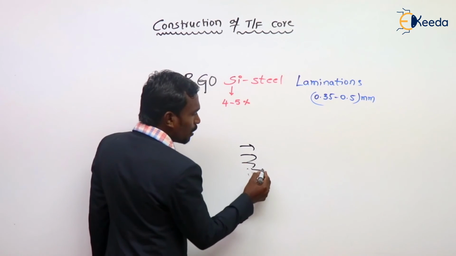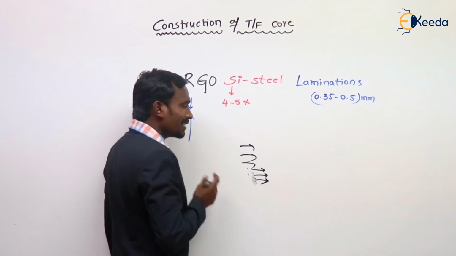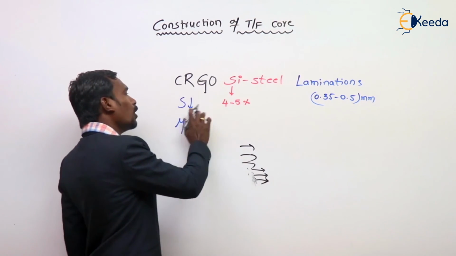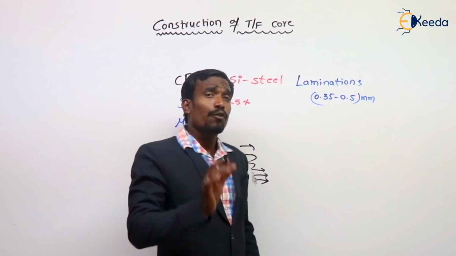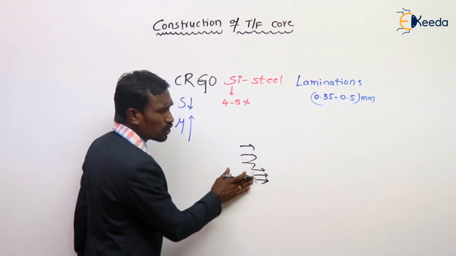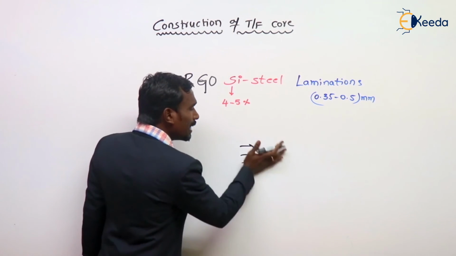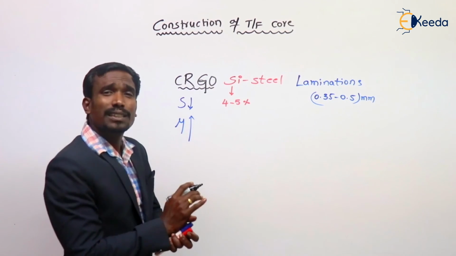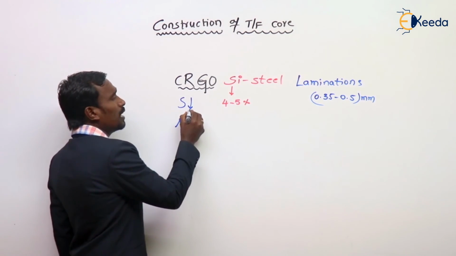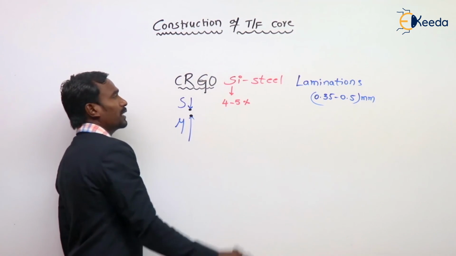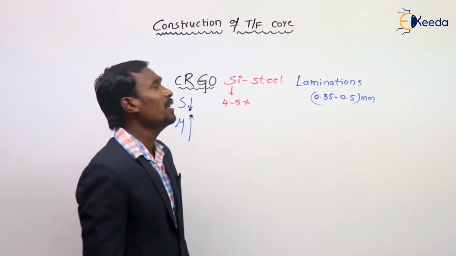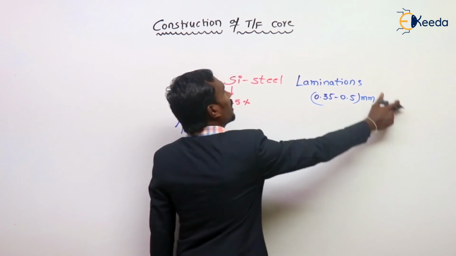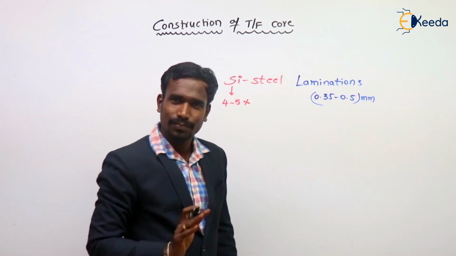If these grains are oriented like this, then there is high permeability and low opposition, nothing but low reluctance, which opposes the flux. This is called cold rolled grain orientation. Its purpose is low reluctance and high permeability. Finally, the transformer core is made up of CRGO silicon steel laminations.